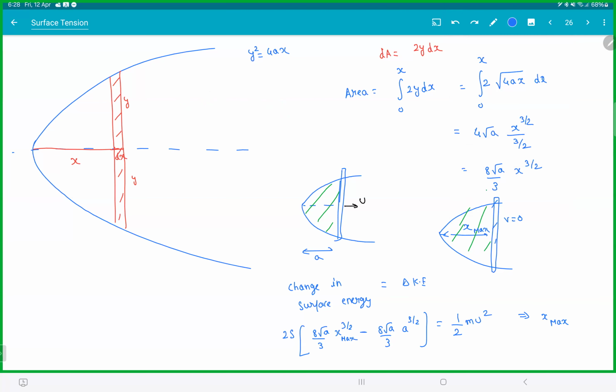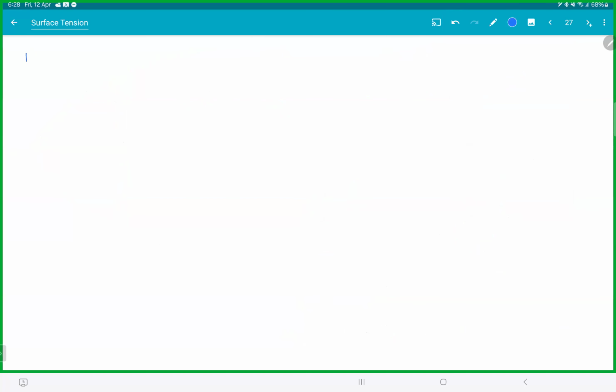Excess pressure. Excess pressure across a surface. Now let's say we have a random surface like this.